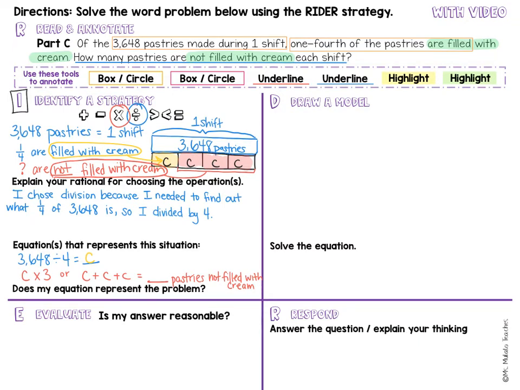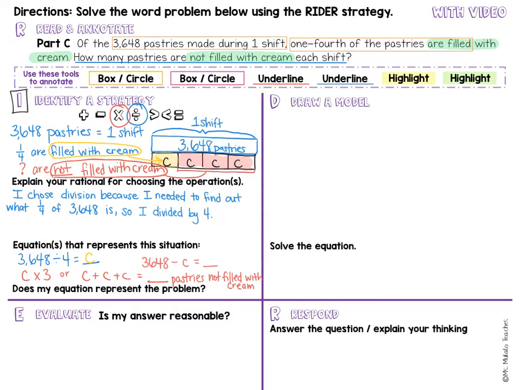Once you knew how many were 1/4, you could have taken that amount times 3 or added that amount 3 times. You also could have taken 3,648 and subtracted the amount that we knew.